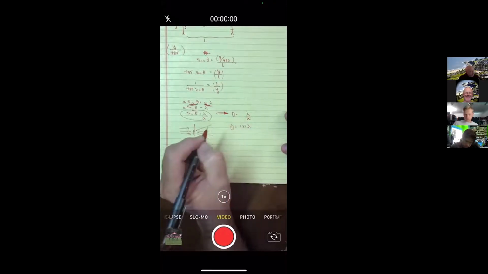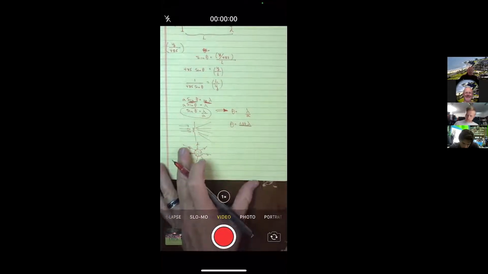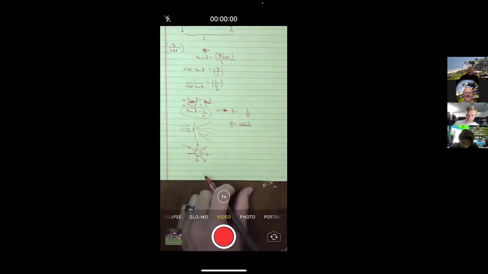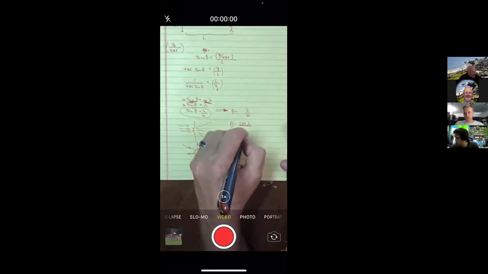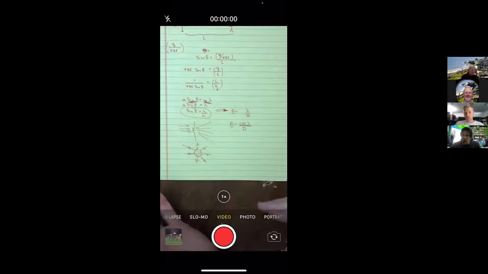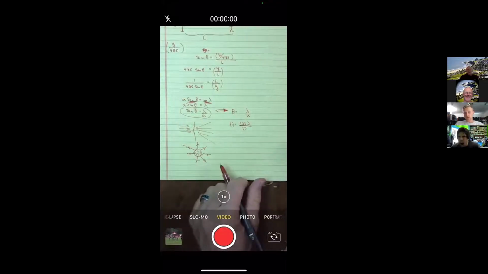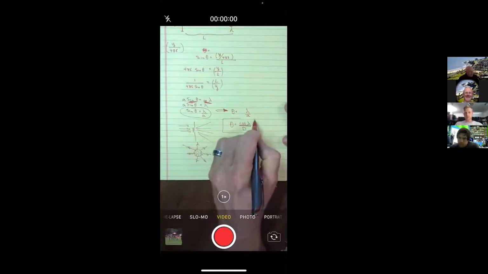And the author doesn't explain where the 1.22 comes from, but I'll just state it without proving it. It's 1.22. And the size of the opening would be considered the diameter, since we're talking about a circle instead of a slit. So you put a D here. So this problem would be more appropriately done this way.